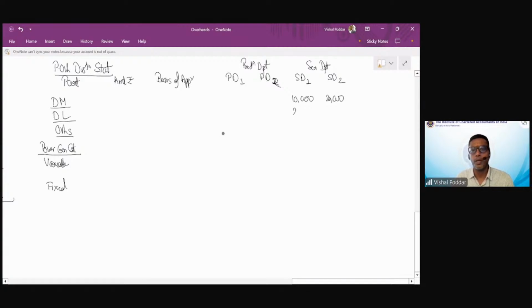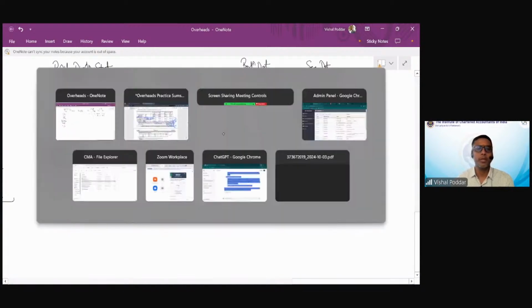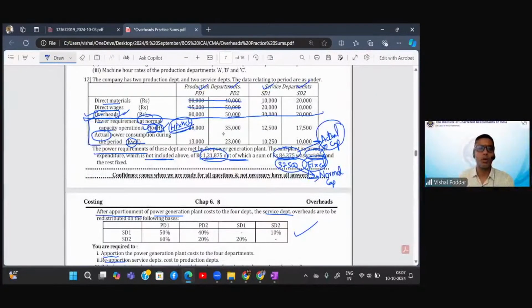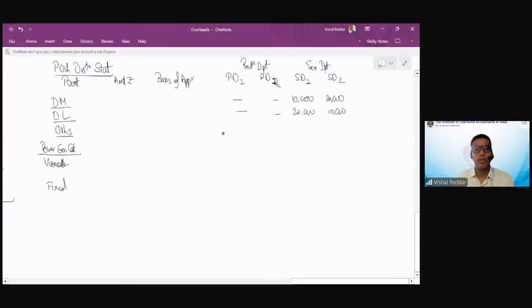Then we take overheads, which includes all rent, lighting, everything except power. That will be taken for all. So 80, 50, 30, 20.